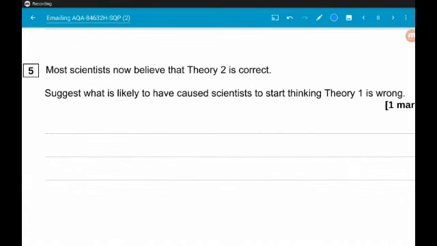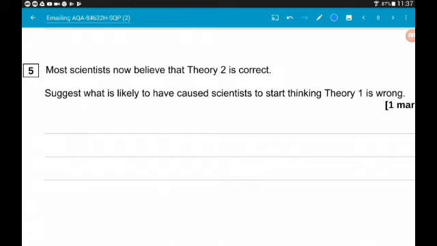Most scientists believe Theory 2 is correct. So just what is likely to have caused scientists to start thinking Theory 1 is wrong. So these two theories were around in the 1950s. Think about the technological advances that have happened since the 1950s.